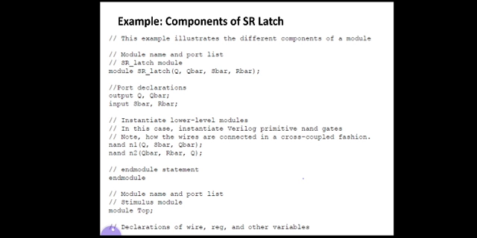Now the programming is done using gate level modeling or structural modeling. This is just an example. You will understand this part in module number 3. Instantiate lower level modules. In this case, instantiate Verilog primitive NAND gates. Note how the wires are connected in a cross coupled fashion. Just observe the figure here.